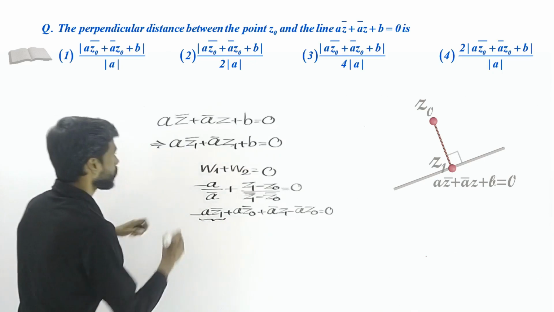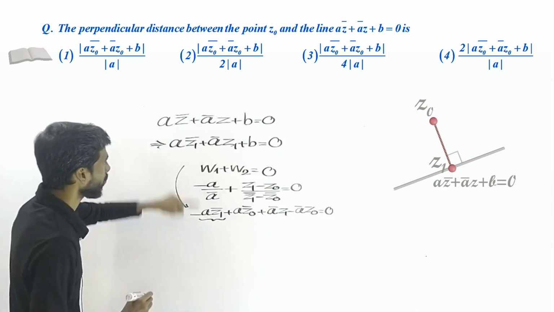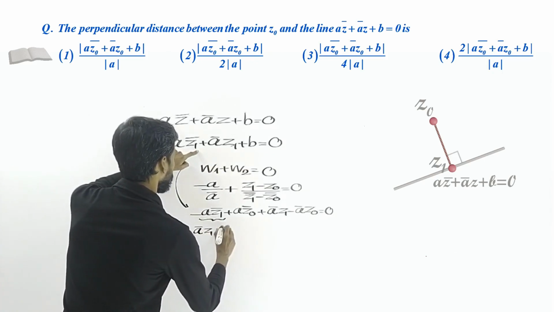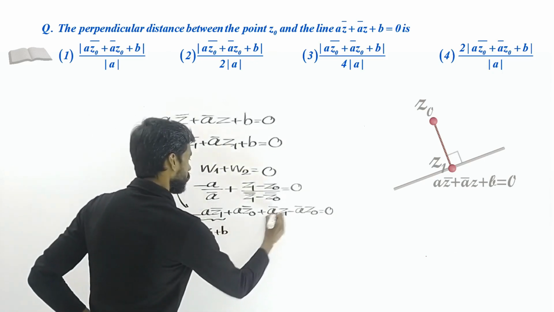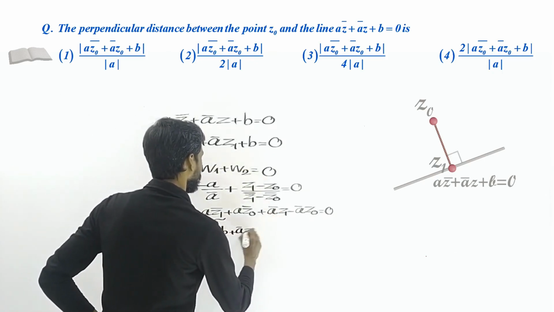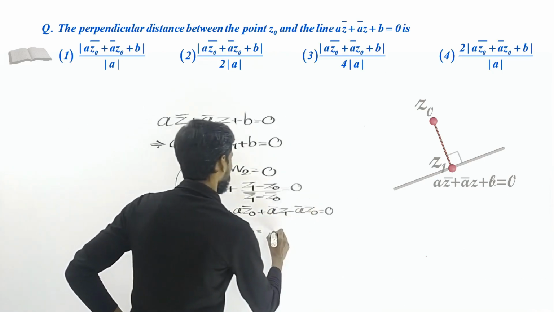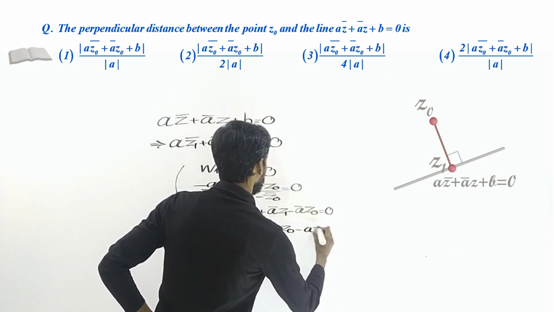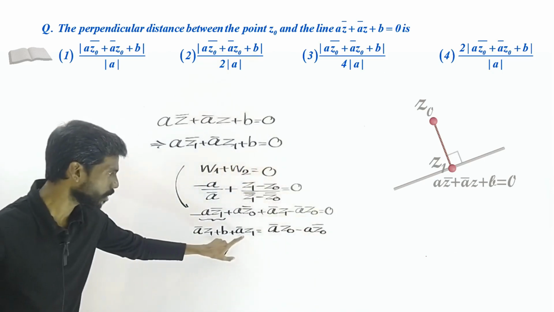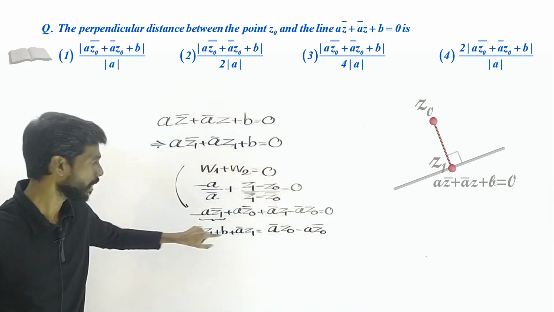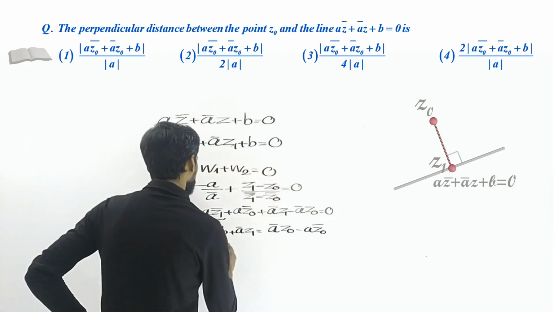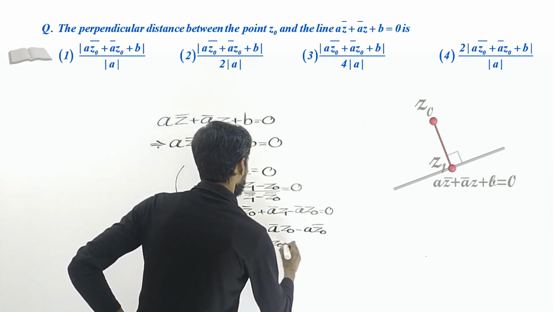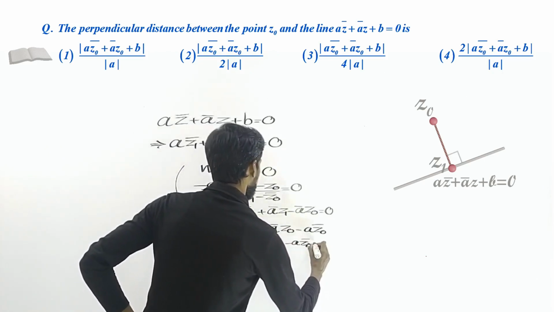So we get a bar z1 plus b plus a bar z1 equals, other terms can be taken to the other side. So a bar z0 minus a z0 bar. Okay, yes. Now this is 2 times, right? a bar z1, here also a bar z1. So 2a bar z1 equals a bar z0 minus a z0 bar minus b.